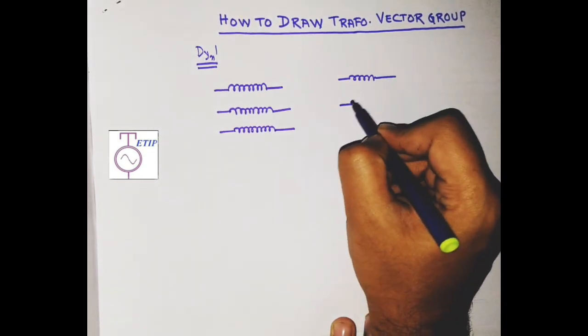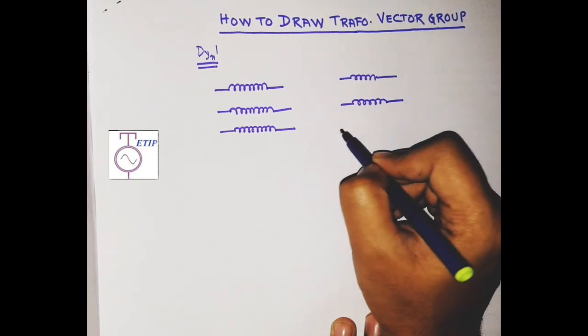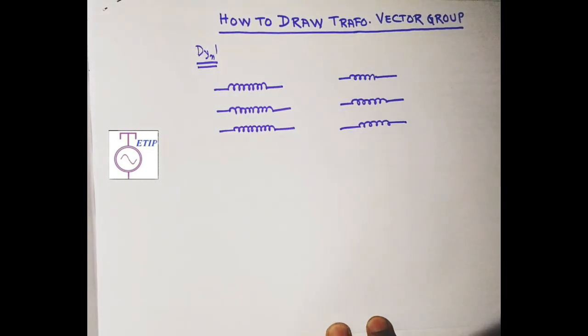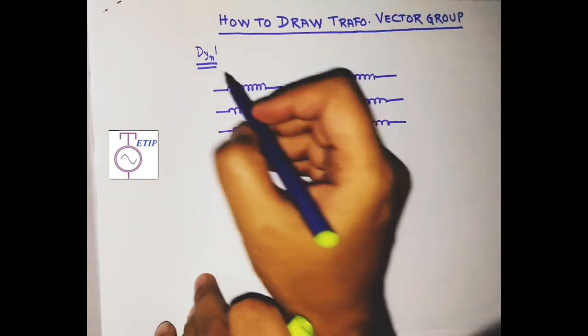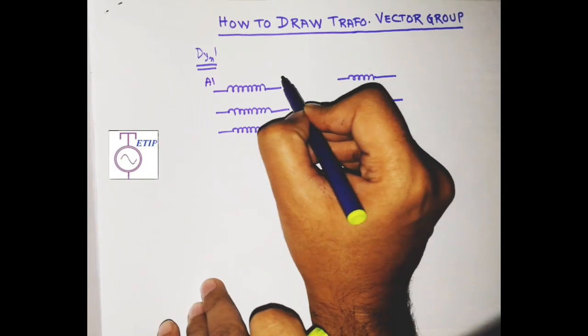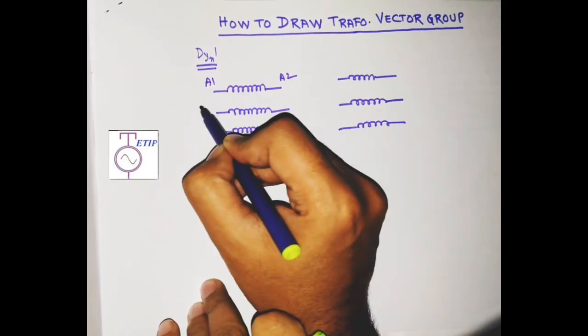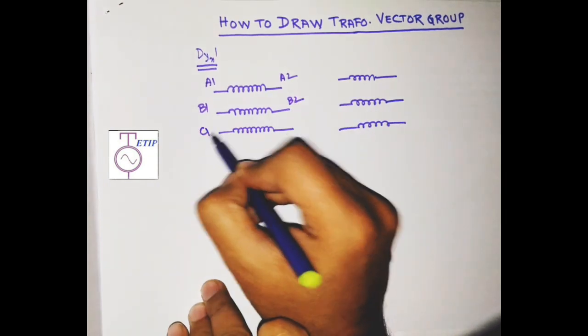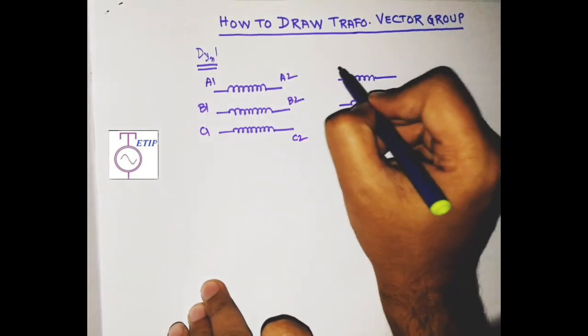And these are my low voltage winding. Now let me name it. Okay, say this is terminal A1, this is A2, this is B1, this is B2, C1, C2.